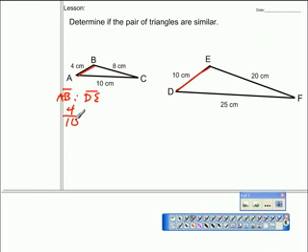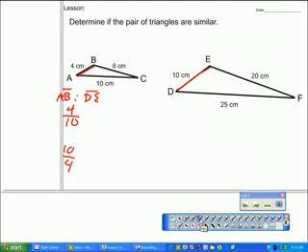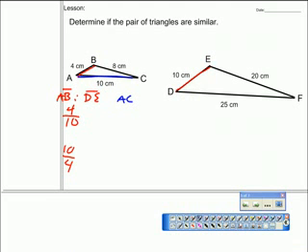Now, it's 4 over 10. Could I put 10 over 4? Could I do the bigger triangle first? Yes, as long as I do it the same for each set of two sides. If I do the smaller one on top here, I have to do it that way all the way across. I could do 10 over 4, and we'll see that for each one. All right. AC corresponds to what side in the other one?